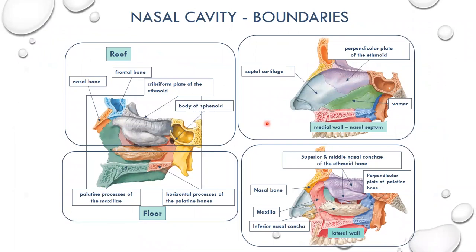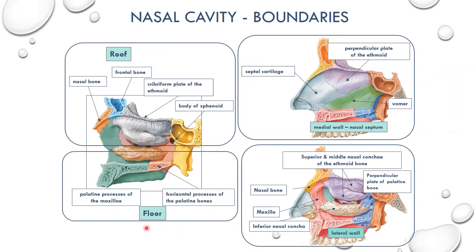The bones that form the boundaries of the nasal cavity can be divided into the roof, the floor, the medial, and the lateral wall. The roof is formed by the nasal bone, the frontal bone, the ethmoid bone, and the body of the sphenoid bone.